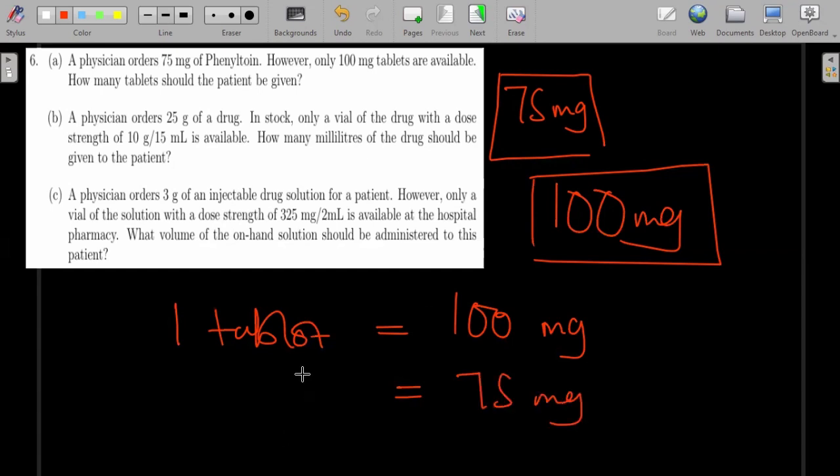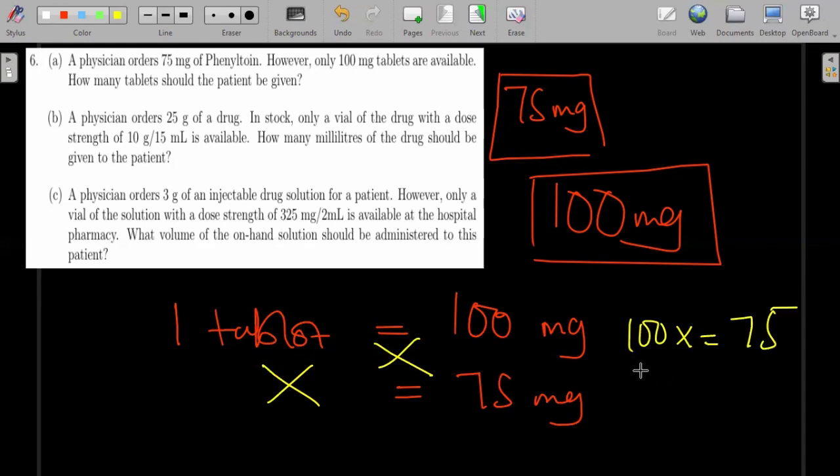How many tablets am I going to have here? We represent the number of tablets as x, and then we simply cross multiply. 100x is equal to 1 multiplied by 75, which gives 75.